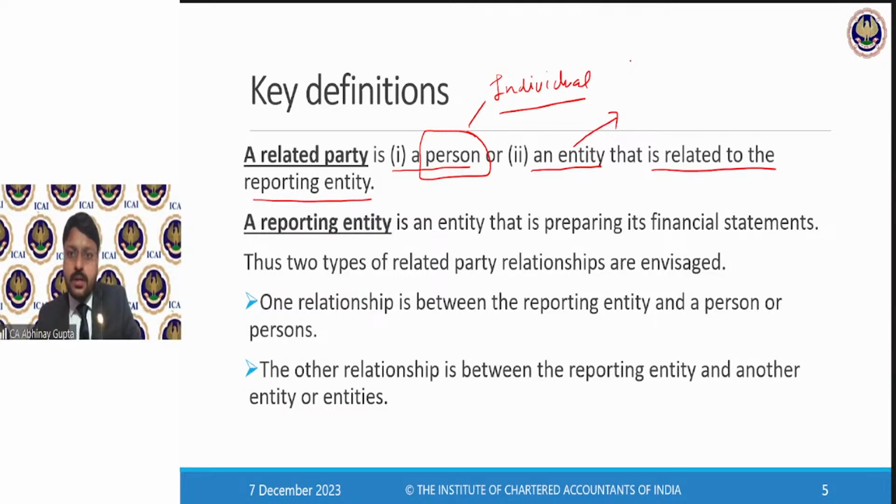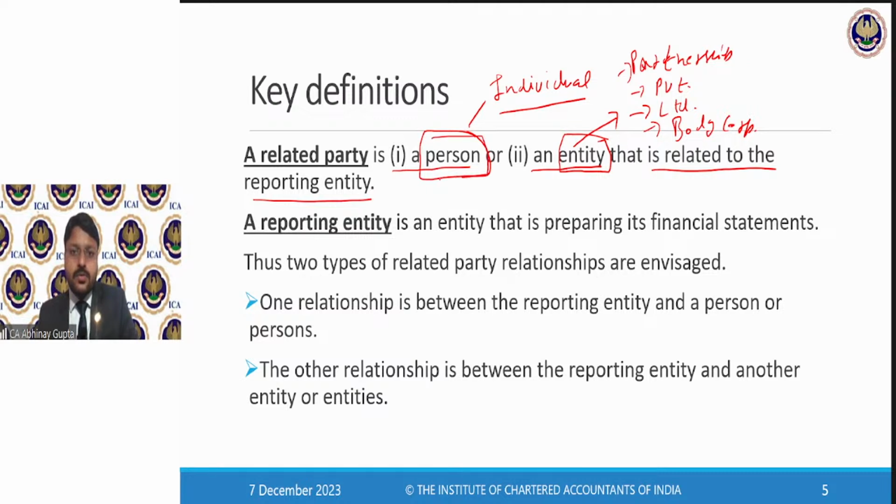For example, it can be a partnership. It can be a private limited company. It can be a limited company, or it can be any other body corporate. So all will be covered within the word entity.